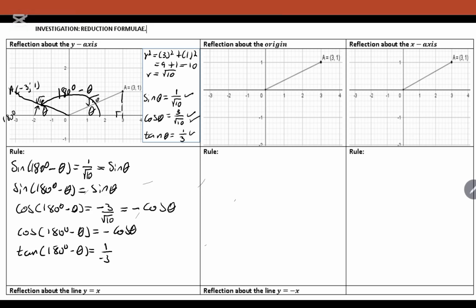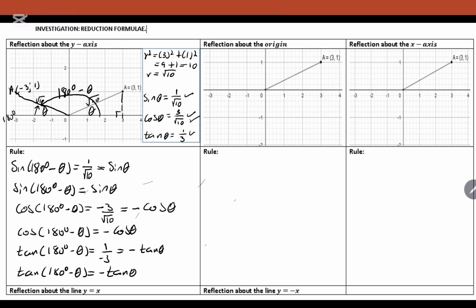But tan theta is equal to 1 over 3, so this is equal to negative tan theta. Therefore, the reduction rule is tan of 180 degrees minus theta is equal to negative tan theta. So this will be our reduction formula when the angle is found in the second quadrant.